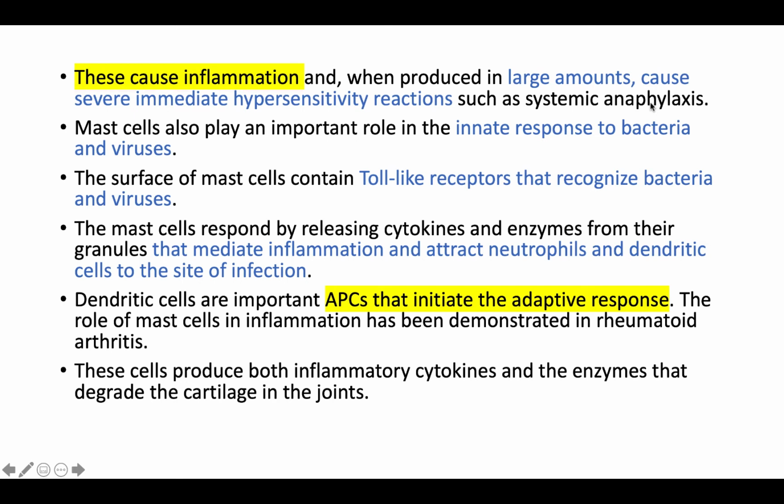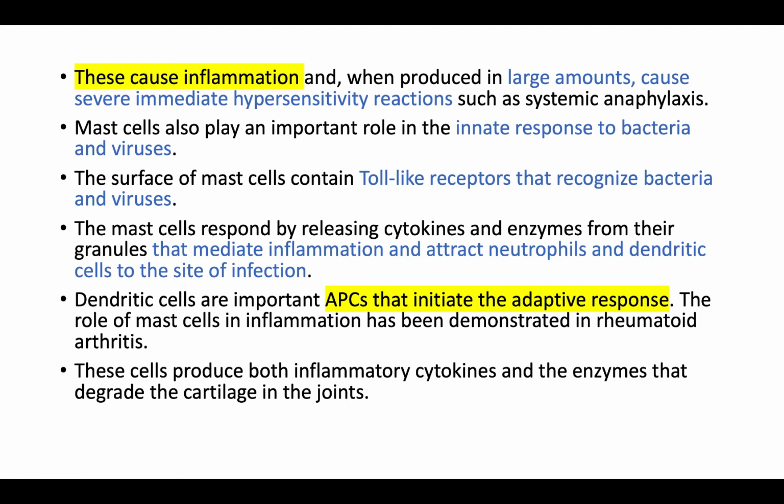Mast cells also play a role in innate response to bacteria and viruses. They have toll-like receptors that recognize bacteria and viruses, and this anaphylaxis, in a small amount, improves the entry of blood and migration of cells, so they can increase the detection of these foreign microbes.